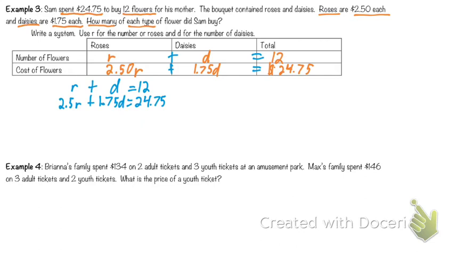Now, is it okay that I called it 2.5 instead of 2.50? That won't change anything, will it? No, because the 0 is after the decimal. Okay? So we have R plus D equals 12 and 2.5R plus 1.75D equals 24.75.